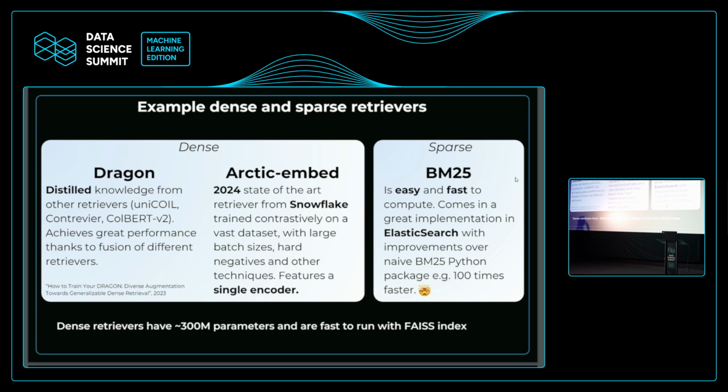And in practice, so this BM25 is a lexical retriever, and it can be easy and fast to compute if you choose the proper implementation. So we found out the hard way. So we used the first BM25 Python package you can find, and it worked okay, but it computed for a really long time.